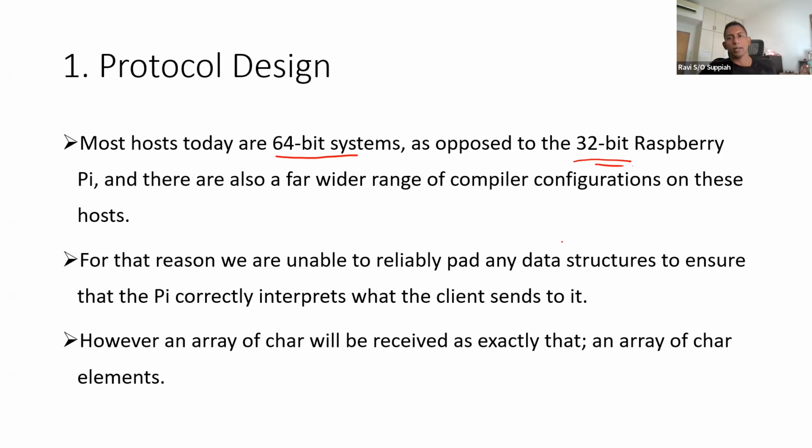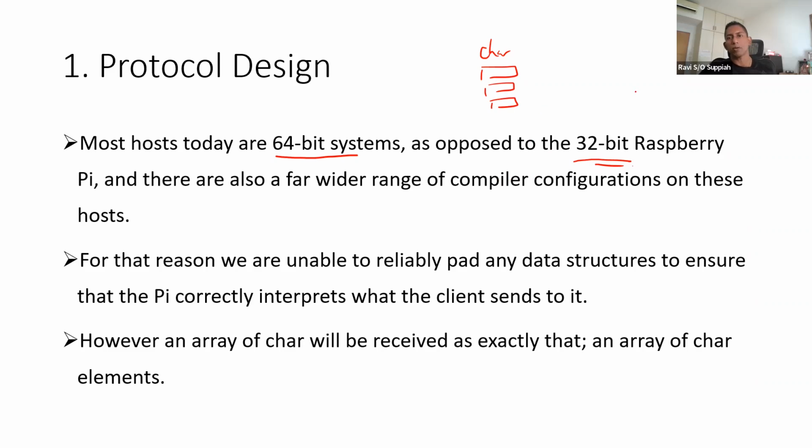For the structure approach, if you remember, we did the padding. When we declare a structure, we put a character, then we say, because the RPi is 32-bit and the Uno is 8-bit, we need to do a padding of data to make sure it's aligned to the word.